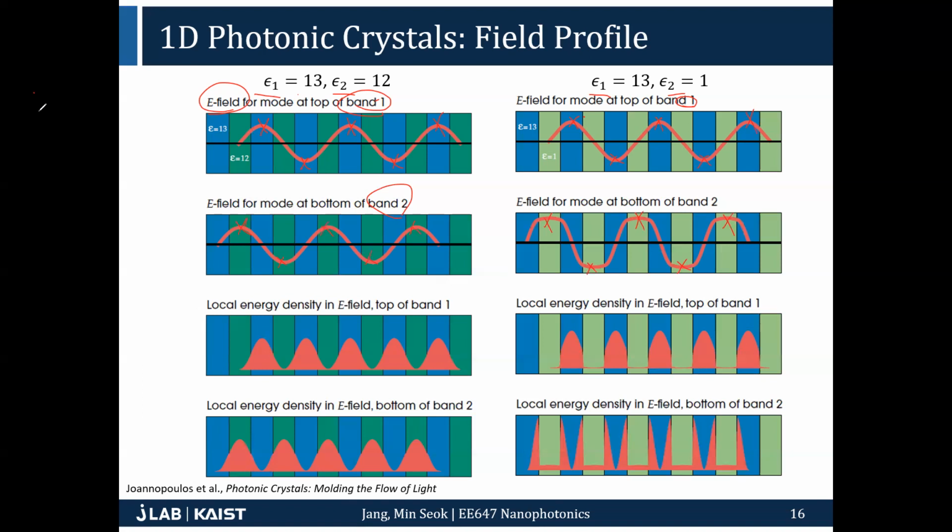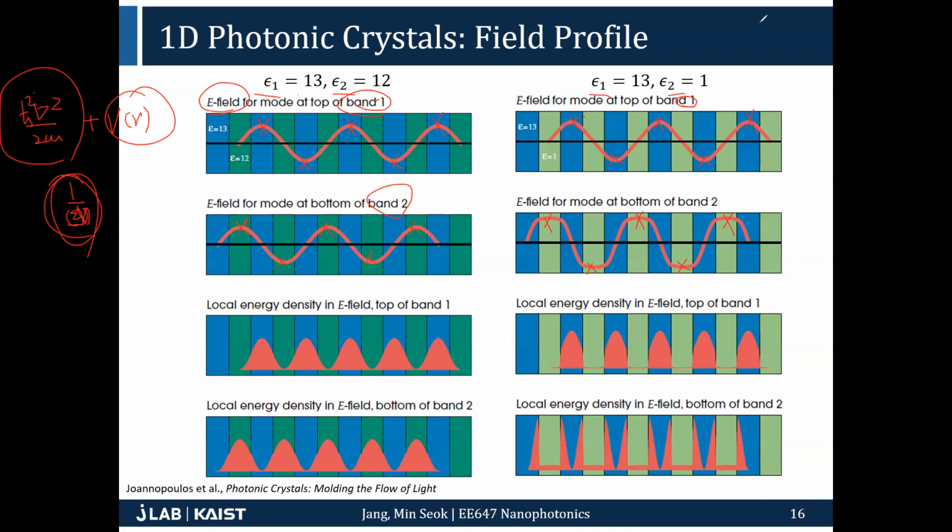In quantum mechanics, you have a kinetic energy term plus potential energy. And in our case, we have epsilon, 1 over epsilon. Because it's 1 over epsilon, you can think that small potential corresponds to high epsilon.